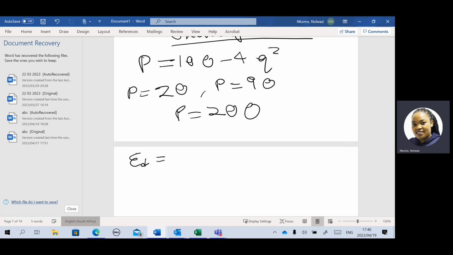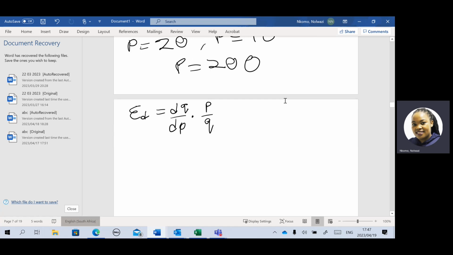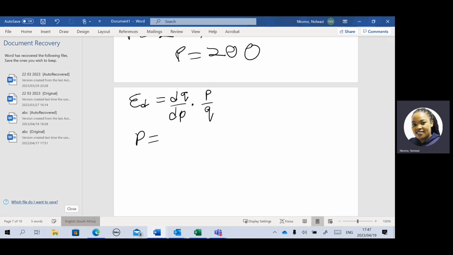It says elasticity of demand is equal to the first derivative of Q with respect to P times P over Q. From P equals 100 minus 4Q squared, since P is a function of Q, we can differentiate P with respect to Q. If we differentiate this equation with respect to Q, the derivative of 100 is a constant, so it is 0.